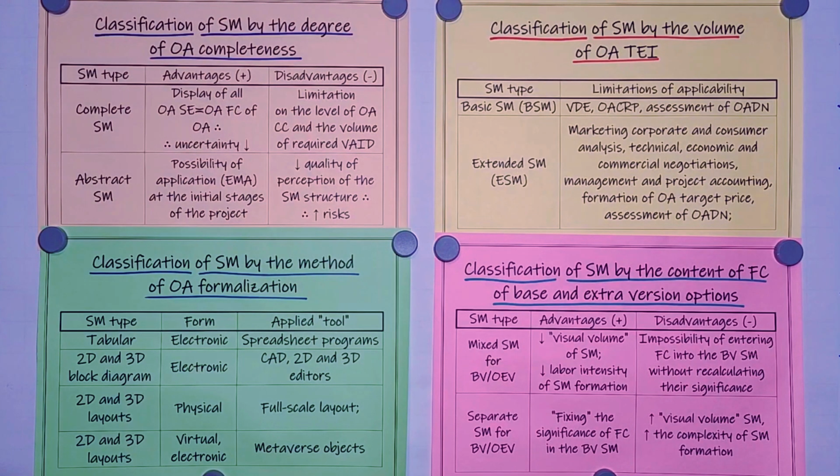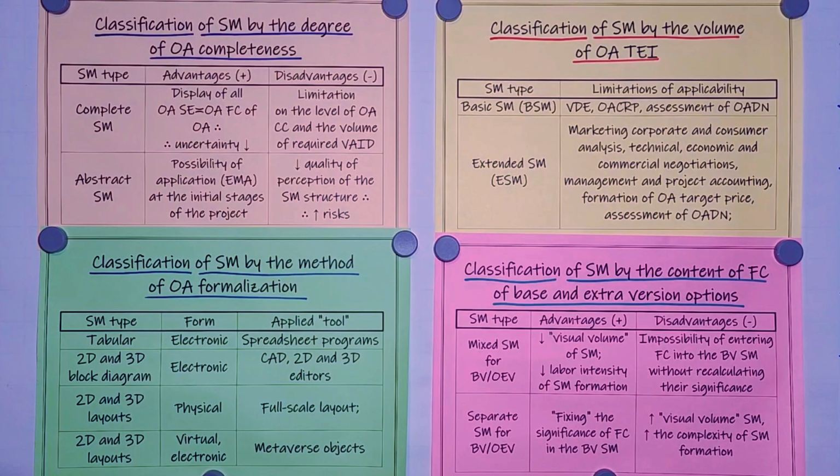I would like to draw the listener's attention to the fact that the terms basic structural model and structural model of basic version are related, but not identical. In the first case, we are talking about a structural model which contains basic information sufficient for the formation of a functional model based on the structural model, as well as basic value analysis reports, a list of which we will consider in future releases.